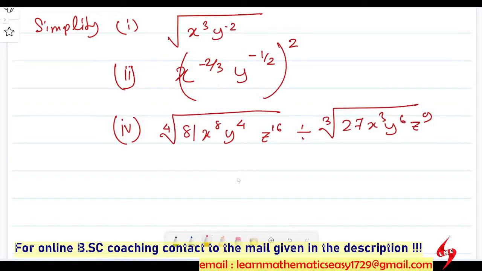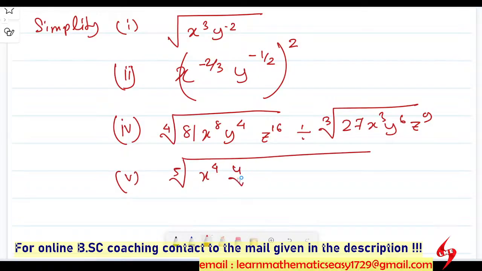Okay, another is this one: 5th root of x to the power 4, then 4th root of x cube, then cube root of x square, then cube root of x. This is a very important question.